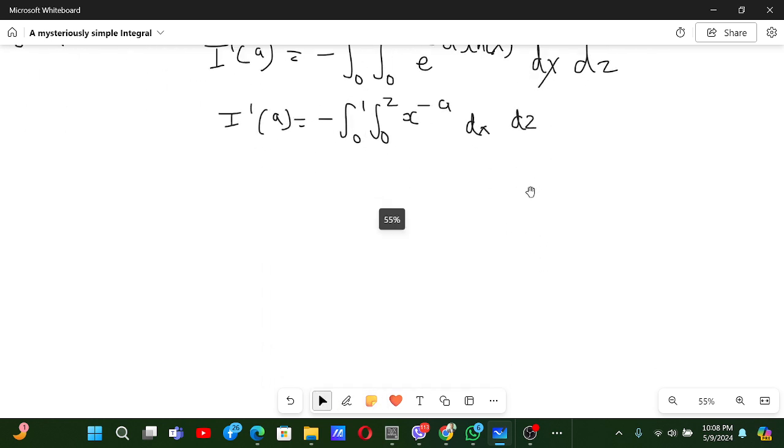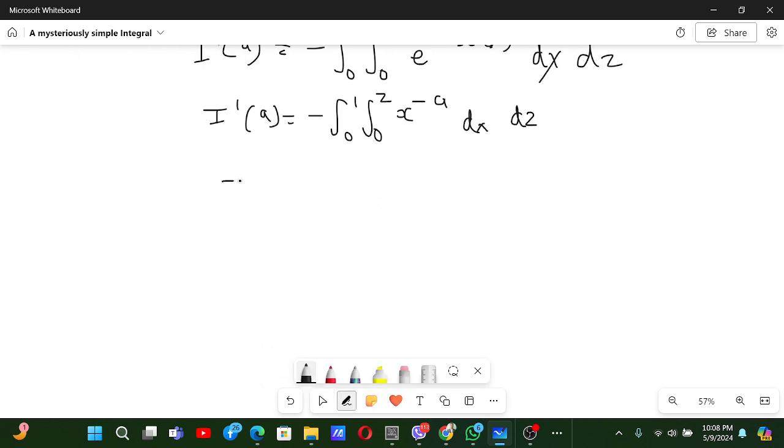So we have I dash of a equals negative of the integral from 0 to 1 of x to the power minus a plus 1 by minus a plus 1, evaluated from 0 to z, dz.